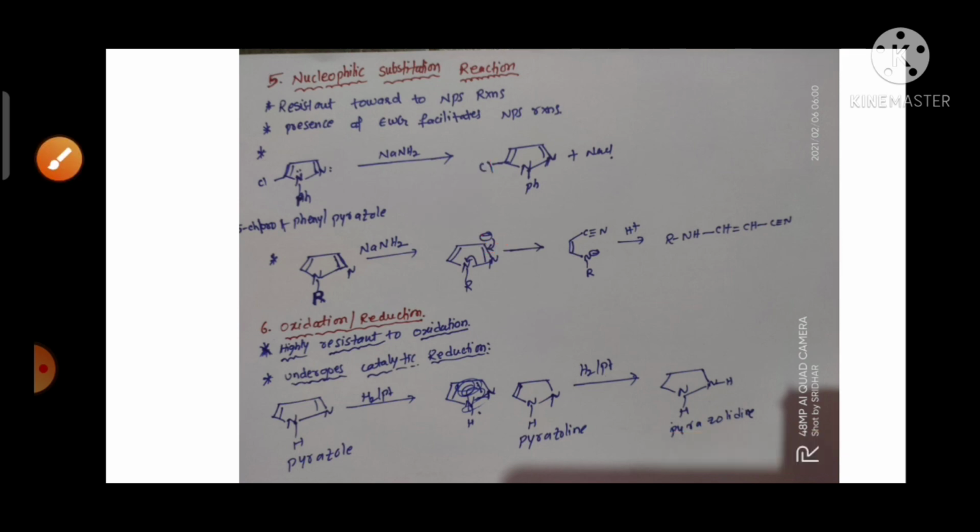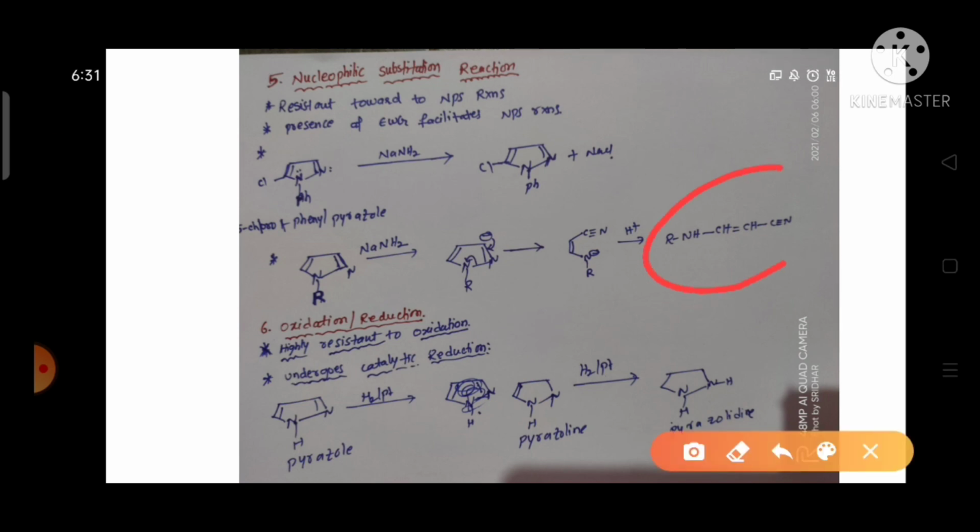And when electron releasing groups are present on the nitrogen, then ring opening takes place, and we get N-alkyl beta-aminoacrylonitrile.